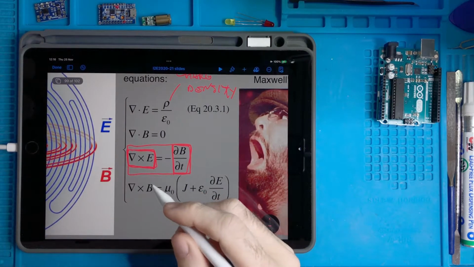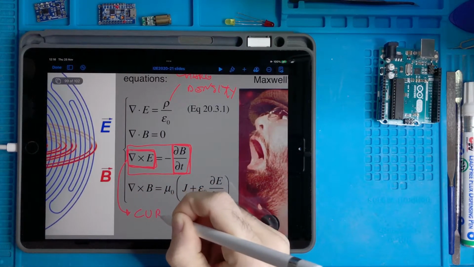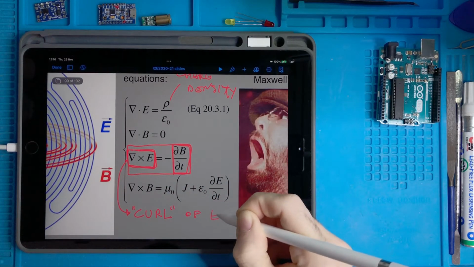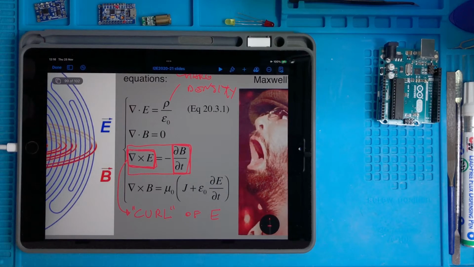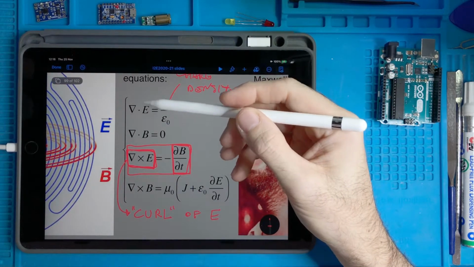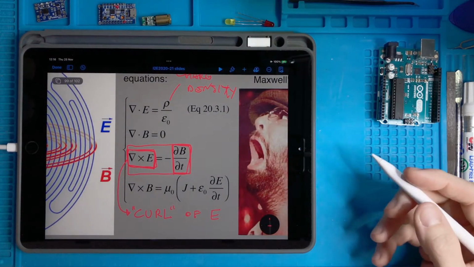So we have to understand what this thing is. This thing is called the curl of the electric field. You can compute the divergence and the curl of whatever field you want.